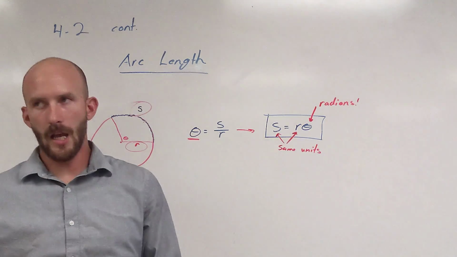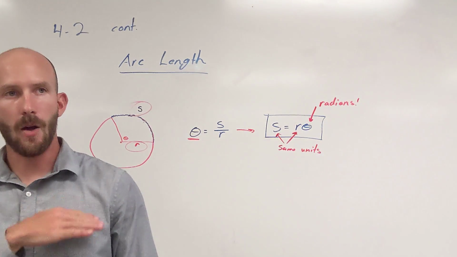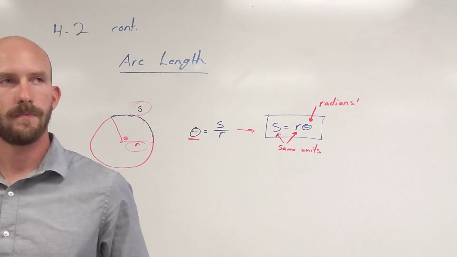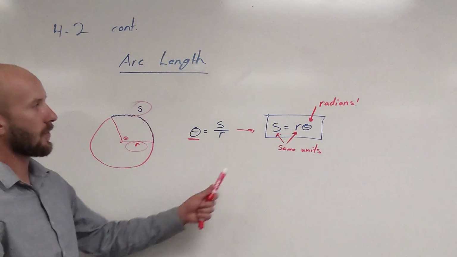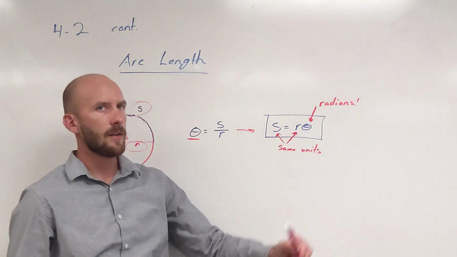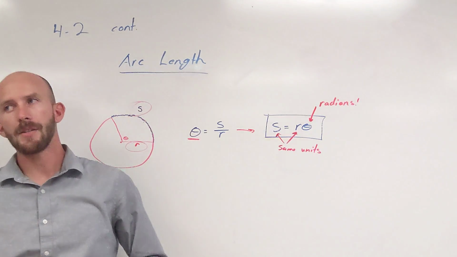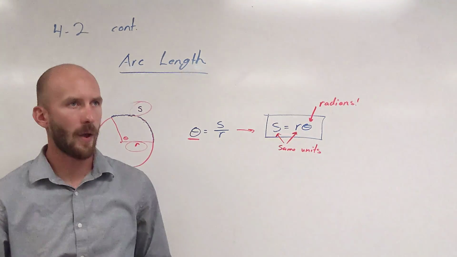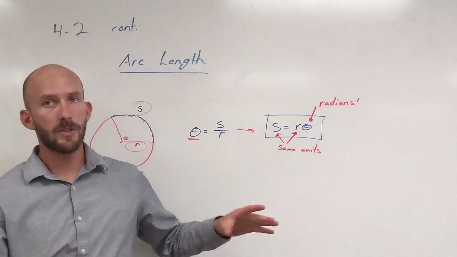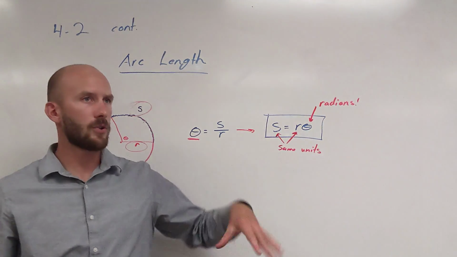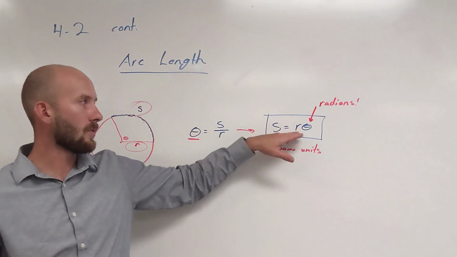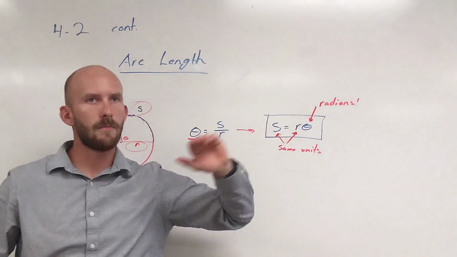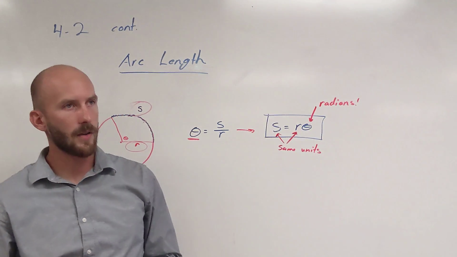That formula does not work with degrees. It will not work. You have to convert. So the angle that we plug in there has to be in radians. Don't just take whatever information you're given and shove it into the formula. You have to make sure that the units are correct and that the angle is in radians.